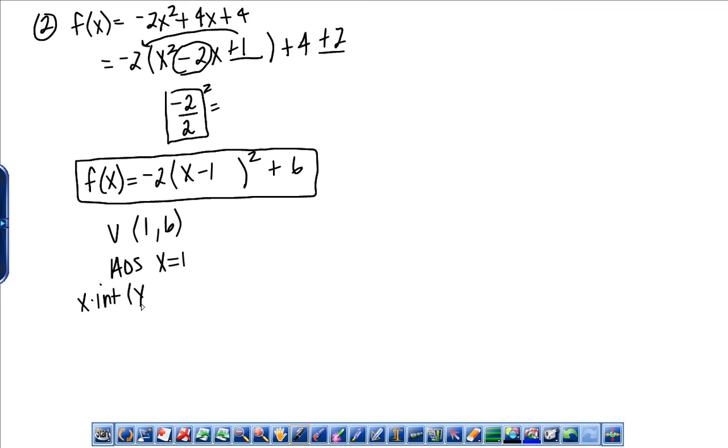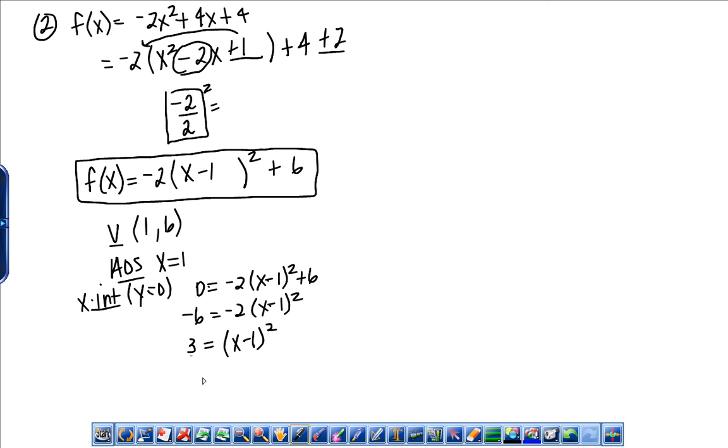Okay, we need to find our x and y intercepts. X-intercept, that means your y is 0. So taking my equation here, this gives me 0 equals negative 2 times the quantity x minus 1 squared, plus 6. So you take the 6 over, and we're going to divide by negative 2. I have the quantity x minus 1 squared equals 3.